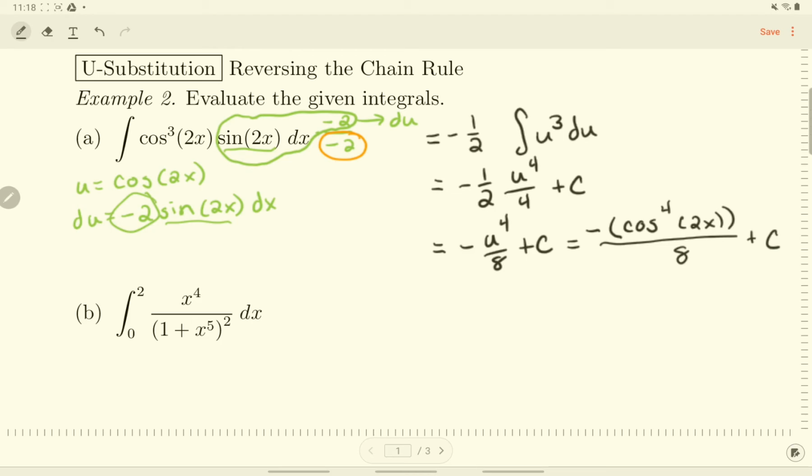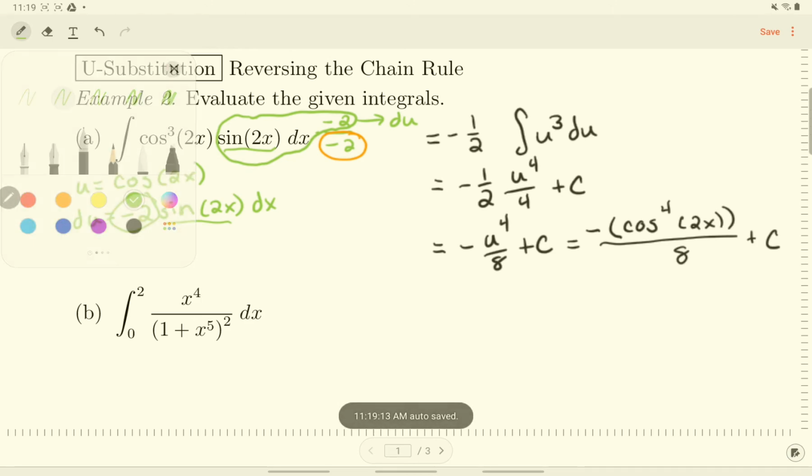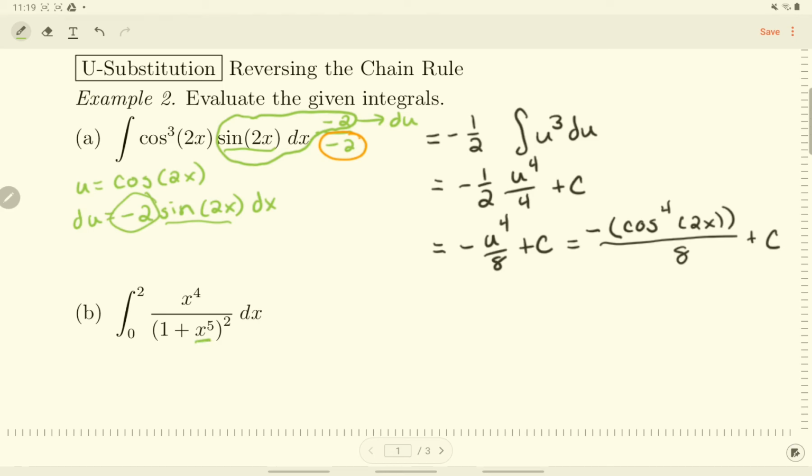Okay, let's do one more refresher on how U-substitution works. So here I have a messy integral, and I want to figure out if I can find an inside whose derivative already appears there, because I did chain rule, so his derivative should appear there somewhere. So I see this x to the 5th, and I know his derivative will have an x to the 4th.